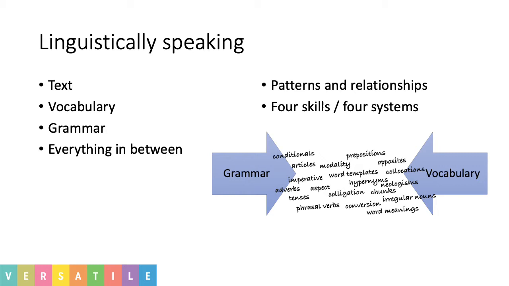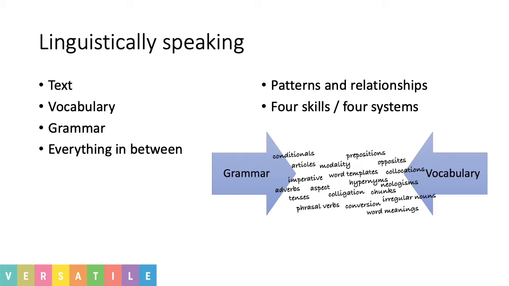Everything in between. So these are just some examples of language that are regarded as grammar or vocabulary, but as you can see by their position on this continuum, some of them belong more to grammar and some of them belong more to vocabulary, and some of them are just kind of halfway in between.